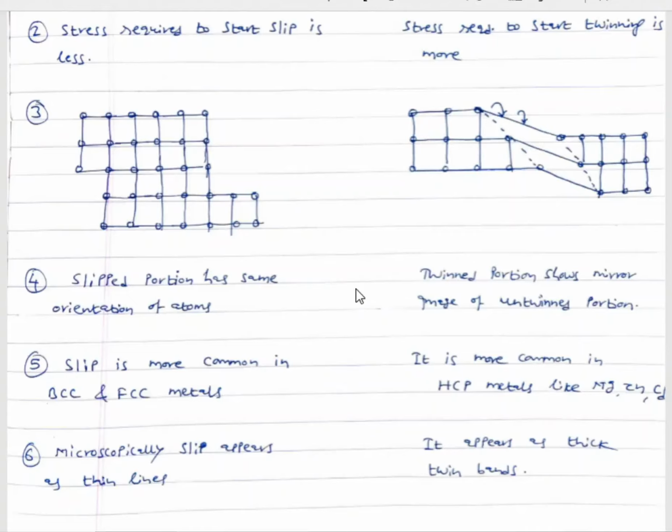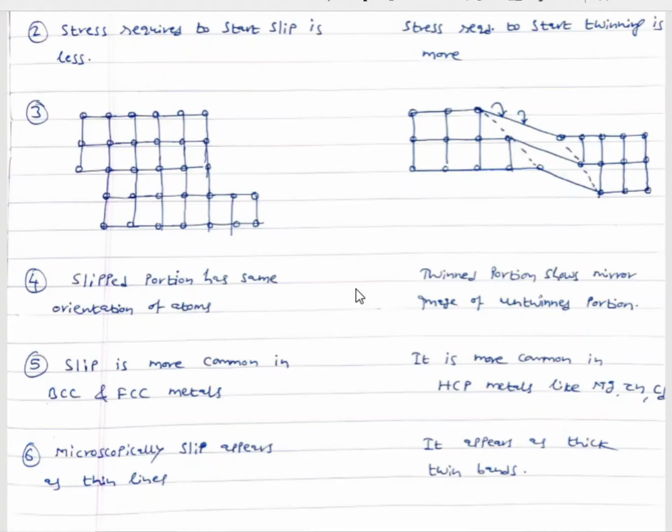If the number of atoms present on a particular plane in a particular direction is less, then you need to apply more stress. So slip planes and slip directions have the highest atomic density, because with the highest atomic density it is easy to move the atoms.